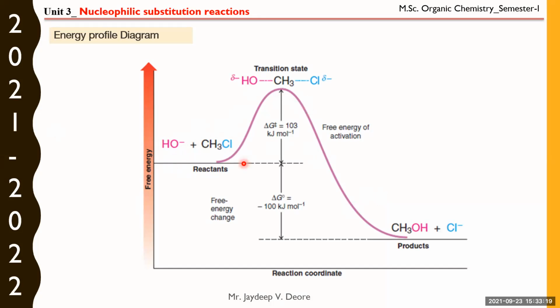It means the SN2 reaction is a single step reaction, while the SN1 reaction is a two-step reaction, right? This is a transition state, as we discussed earlier. When this transition state collapses, it is converted into the product. And here you can see that the reactant has higher energy as compared to the product.